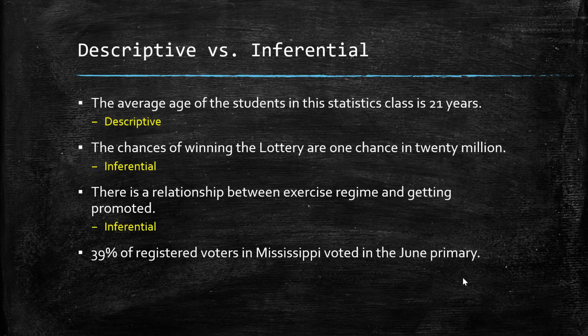So again, inferential. There's no way to say exactly that exercise will get you a promotion or not get you a promotion, right? We can't say that overall and in general. So this is inferring. And the last one, of course, is descriptive because it's talking about they know how many registered voters there are and exactly how many voted in the latest primary.